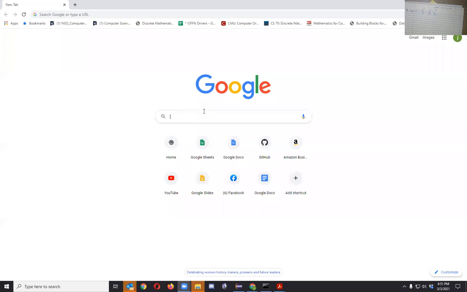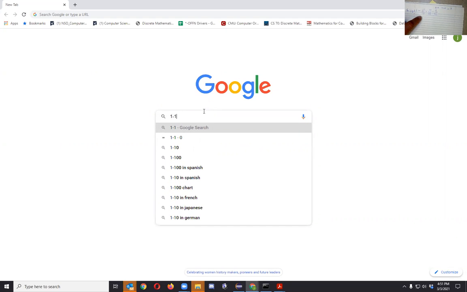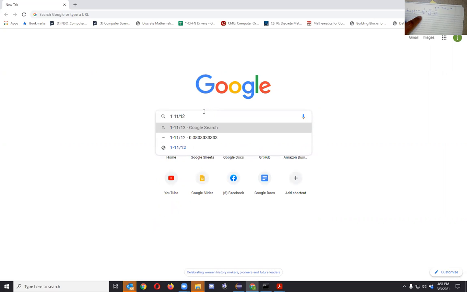So it's going to be 1 minus, and then 11 divided by 12. Okay, that's 0.08. So if n is 2, then 0.083 repeating.